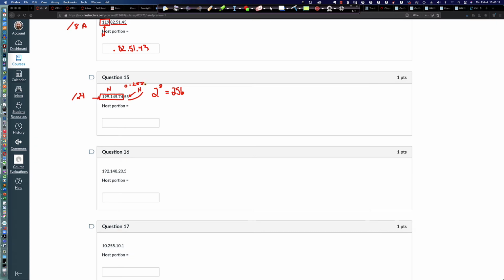This last octet could be a range of values from 0 to 255.